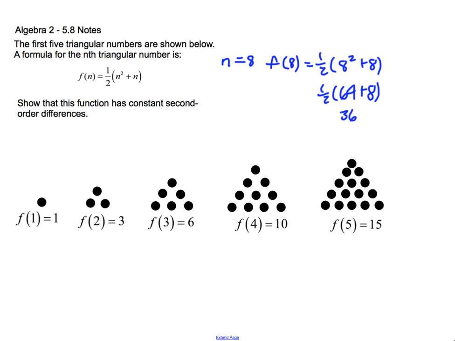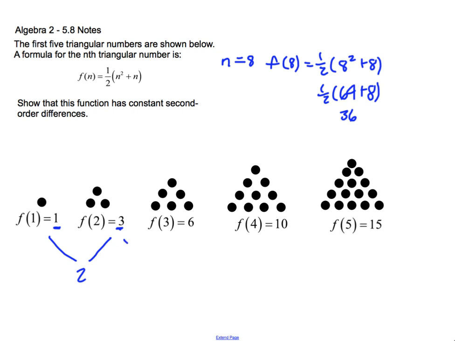Well, what we want to do here is show that this function has constant second order differences. In other words, if you'll notice, the difference from 1 to 3 is 2.